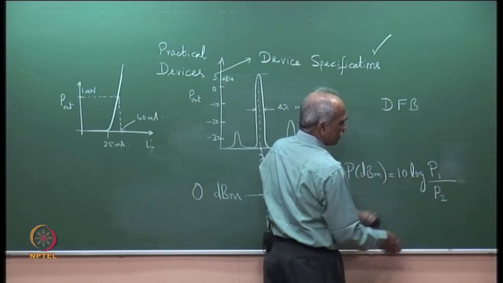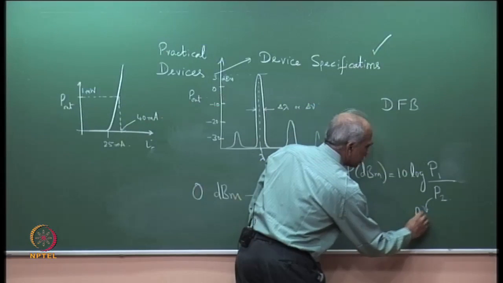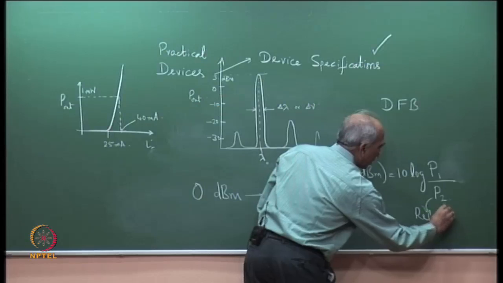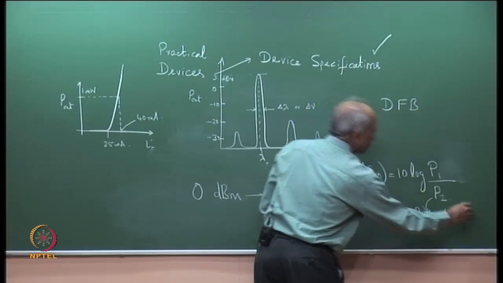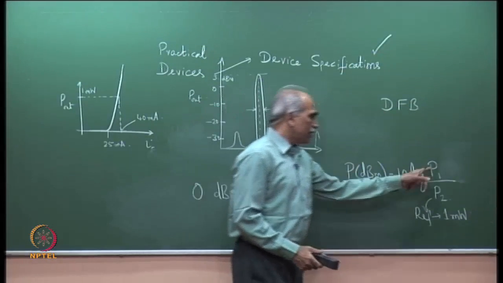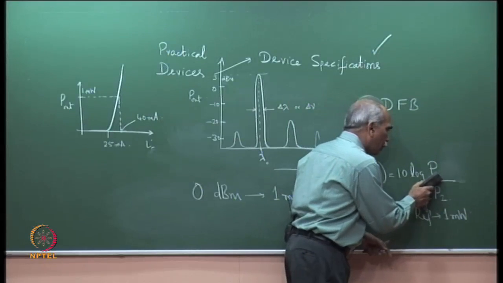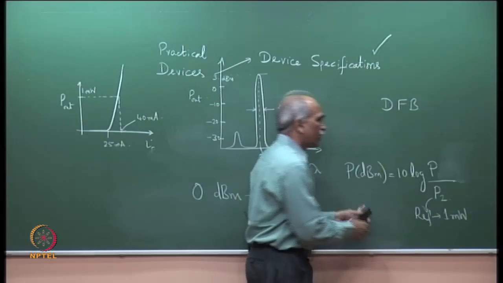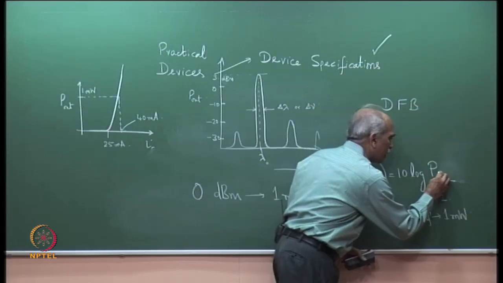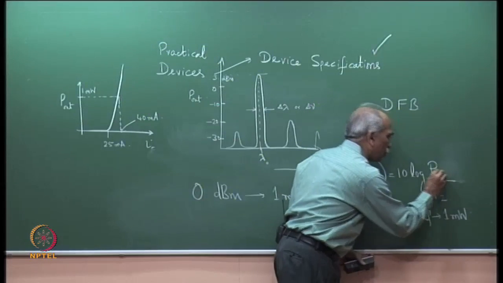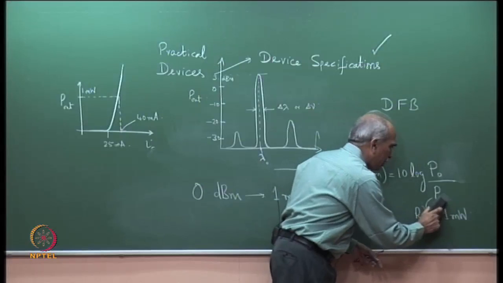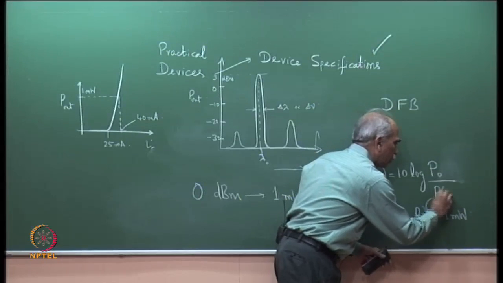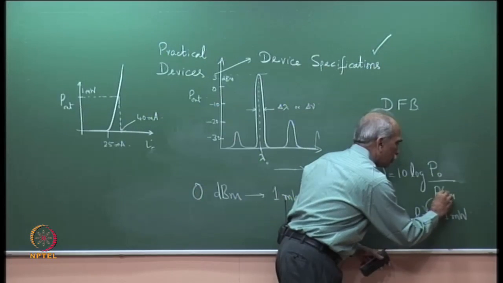P2 is the reference, which is 1 milliwatt. If this is the actual power output, then the definition of dBm is P out, the actual power, with respect to P2, that is equal to 1 milliwatt.